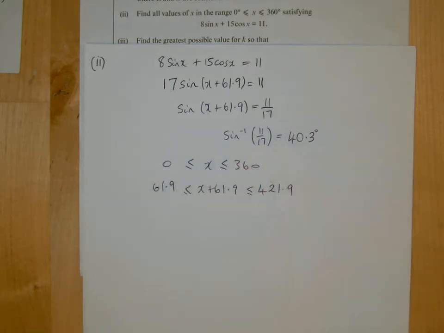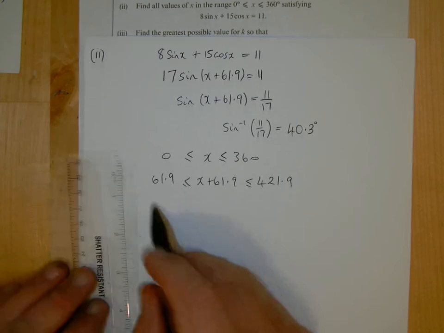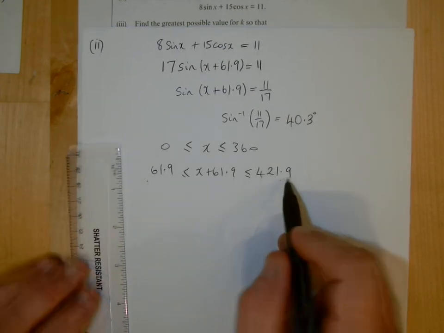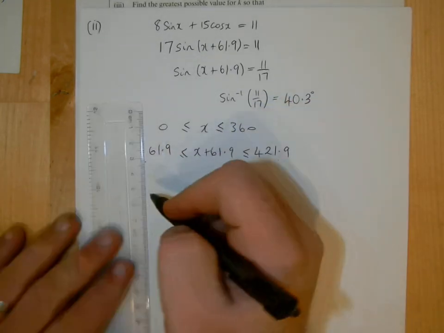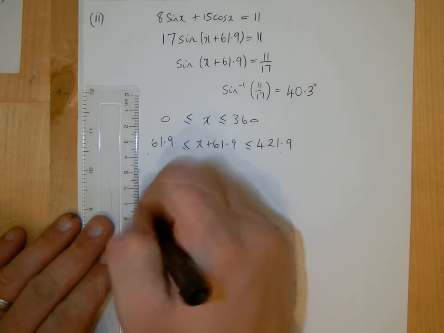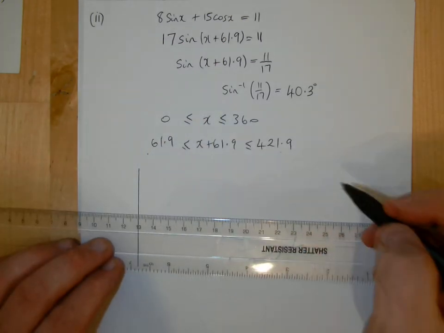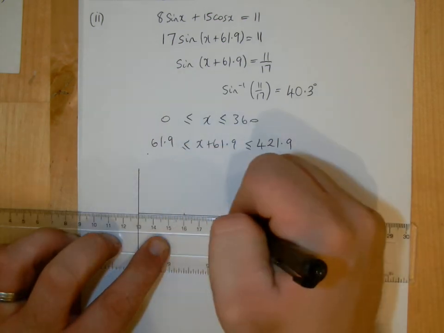So that's where I need to draw my sine graph. 61.9 is quite hard to draw from there, so I'm going to just go from 0 anyway, but then I'll go all the way up to 450, so I'm going to include all that. Every 3 centimeters will represent 90.